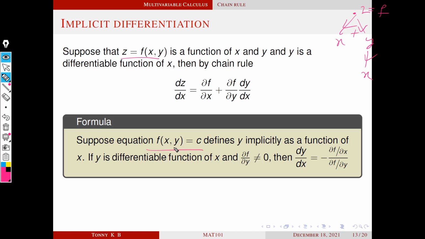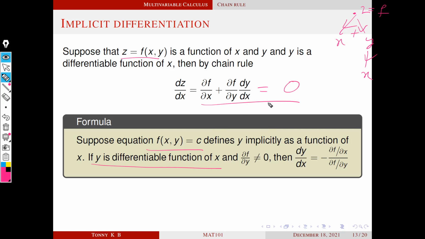The left hand side is similar to this one: a function f depends on x, and y is again a function of x. So the left side is like this, equal to what? What about the right hand side? The right hand side contains only c. It's a constant. So what is the derivative of c with respect to x? That is 0.